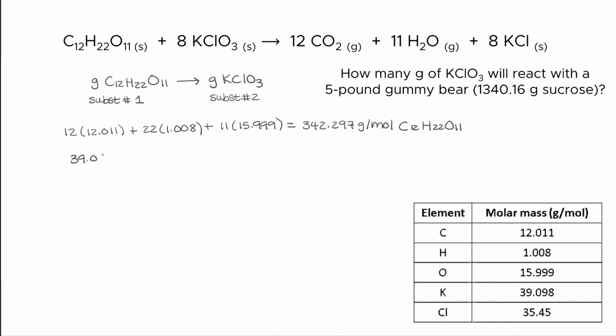For potassium chlorate, we have 39.098 plus 35.45 plus 3 times 15.999 equals 122.55 grams per mole, rounded to 2 decimal places because of chlorine.